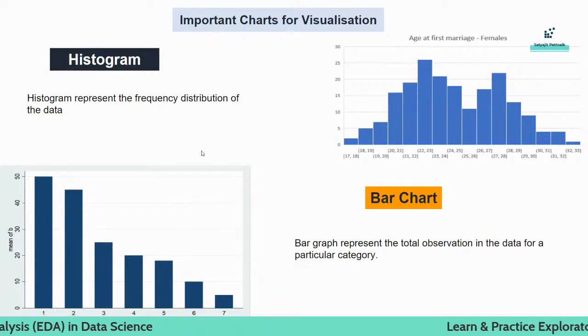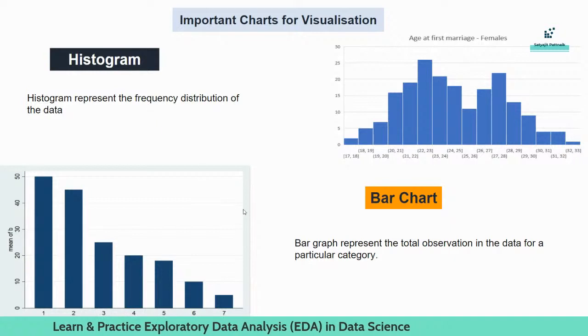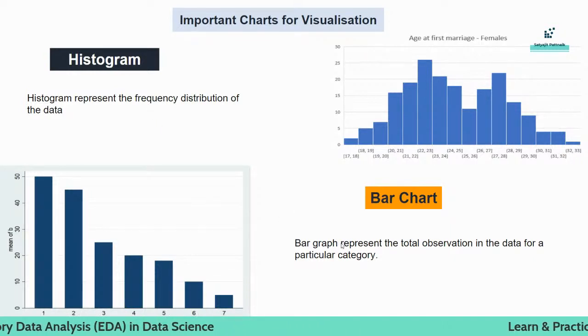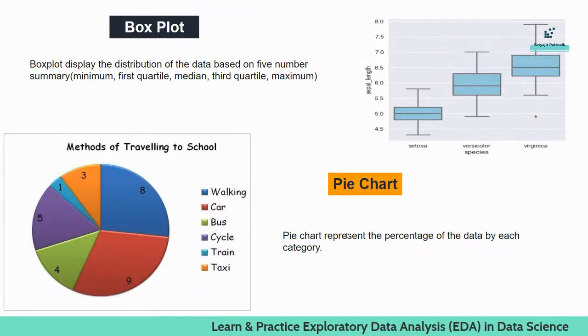So these are some of the important charts for visualization. Histograms represent the frequency distribution of the data. Bar charts represent the total observations in the data for a particular category. We will see how bar charts and histograms are used when it comes to the coding part.